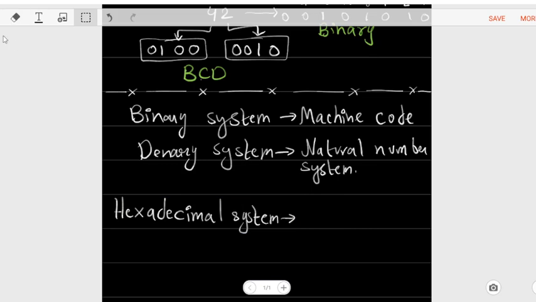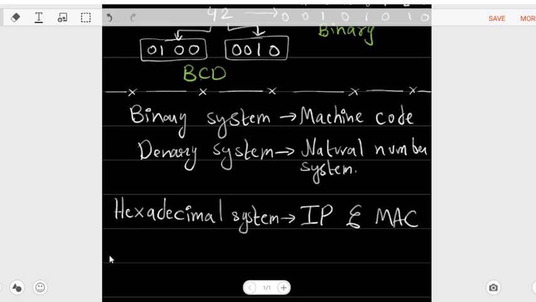One very common use of hexadecimal is in representing IP and MAC addresses sometimes. Of course, this is just a few examples. We have many more use cases of hexadecimal systems.